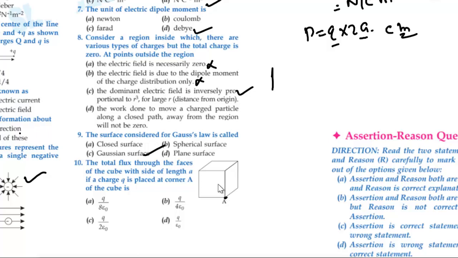You will get 8 cubes. See, 1 over here, 2 over here, 3 at this side and 4 at this side. The same way, on top of that also we can represent the same way, 4. So for each cube, the flux will be Q by 8 epsilon 0. Okay, that is the correct answer.